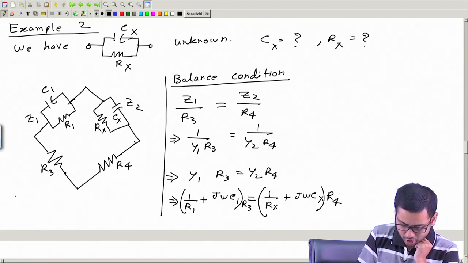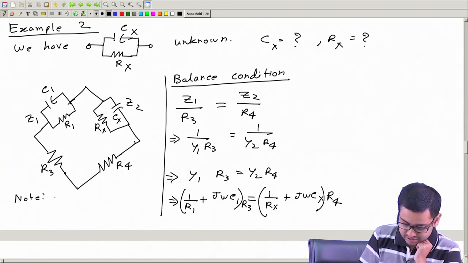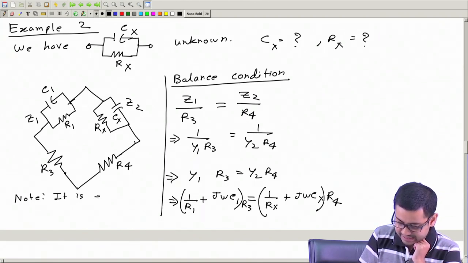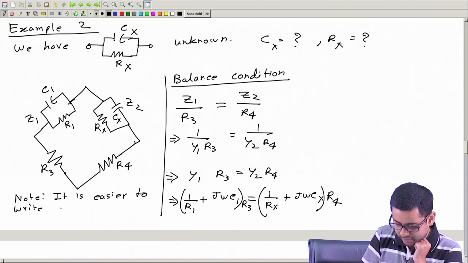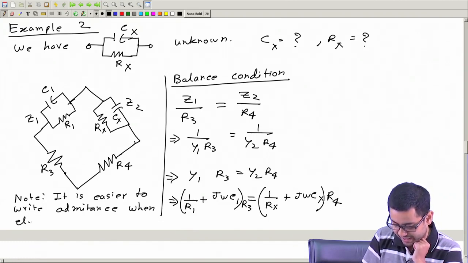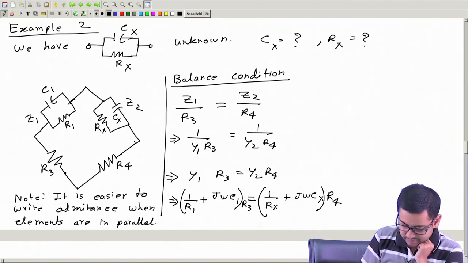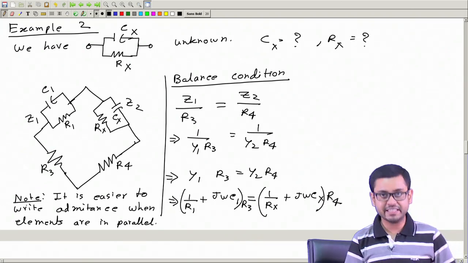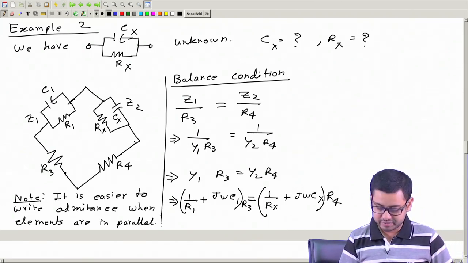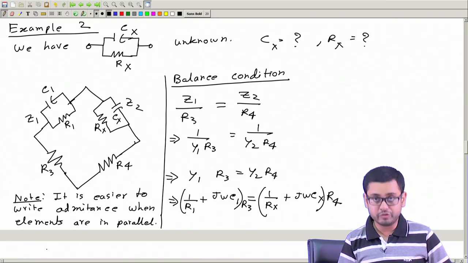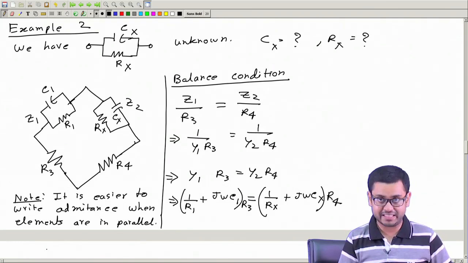So, small note, it is easier to write admittance when elements are in parallel. Similarly, if the elements are in series, it becomes easier to deal in terms of impedance.